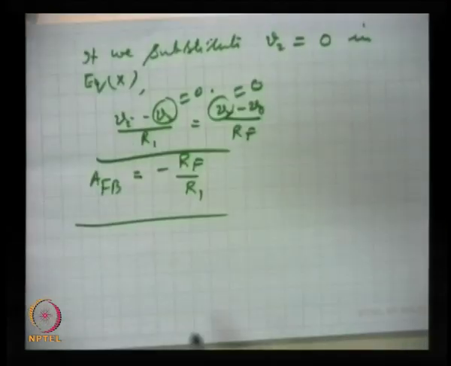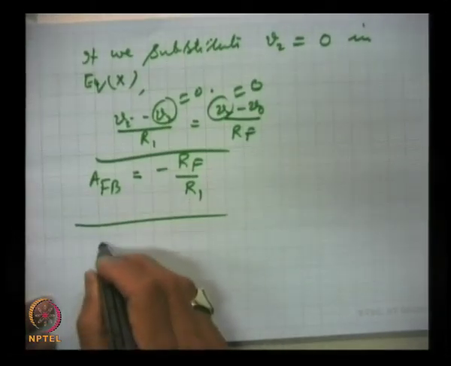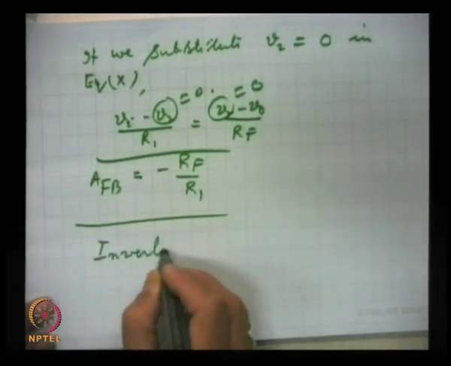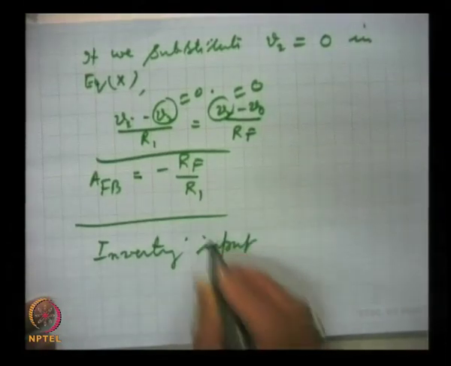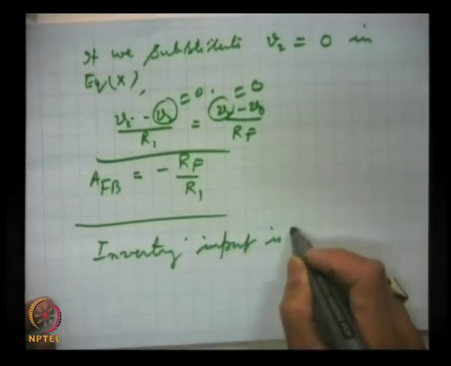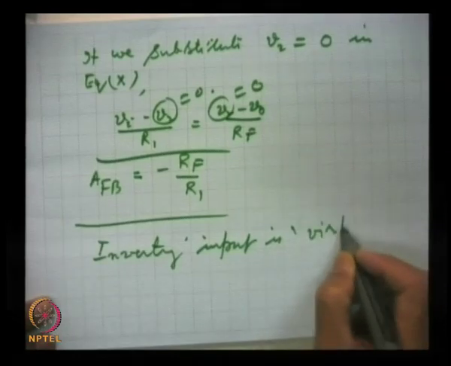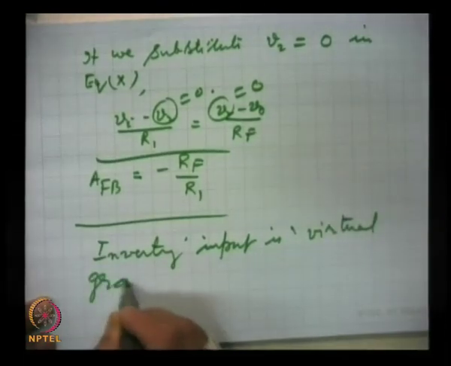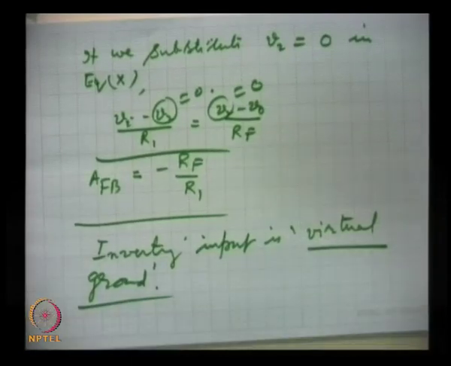What is V2 equal to 0? This is V2. V2 equal to 0 means that V2 is at the ground potential. It is called virtual ground. The inverting input, very important, the inverting input is virtual ground.